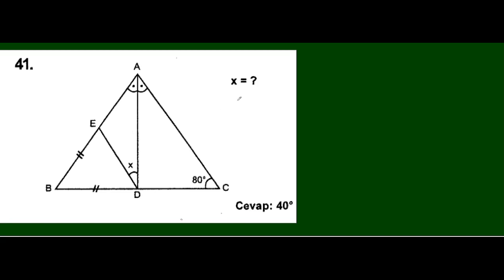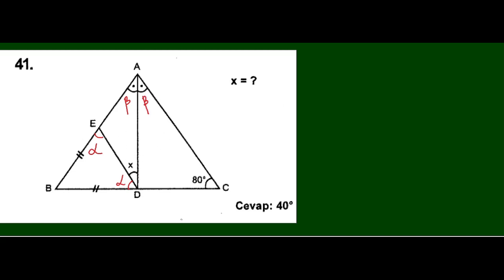Okay. Next problem. Here we can write down alpha here. This angle will be also alpha, and we know that these angles are also equal. Beta, beta, we can say.